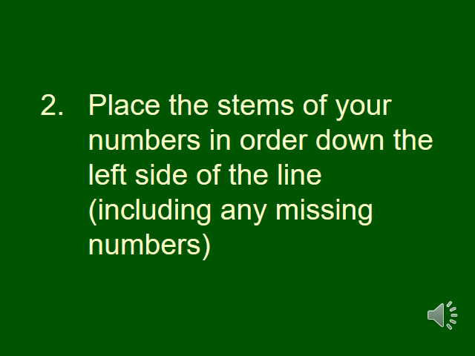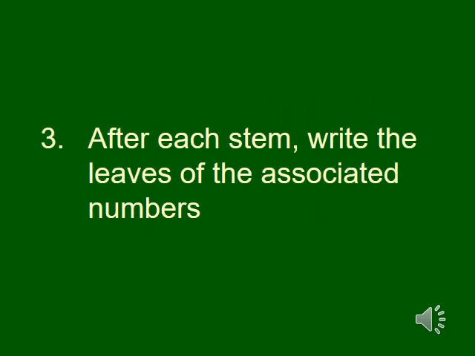And if you happen to be missing some numbers, you still write down those stems because it's going to show us that that's where there's a gap. After each of the stems, we're going to write all the leaves that are associated with that stem. So like after a 3, I'd write the leaves for all the numbers that are in the 30s.